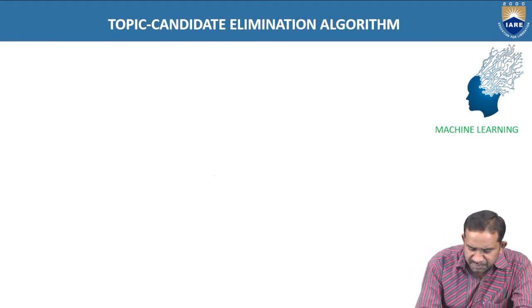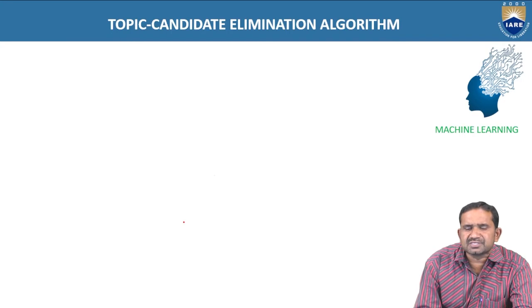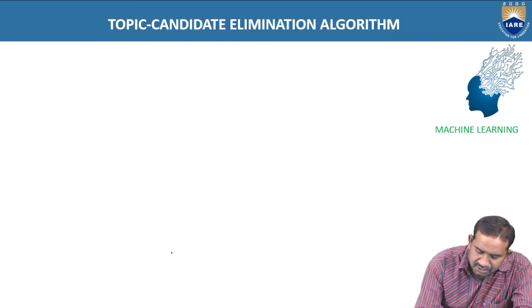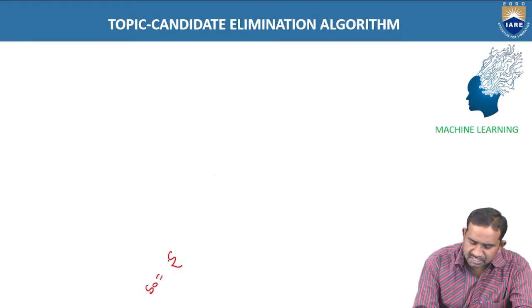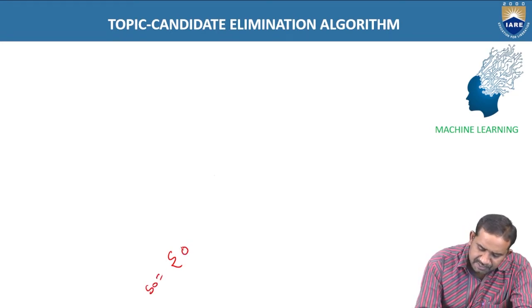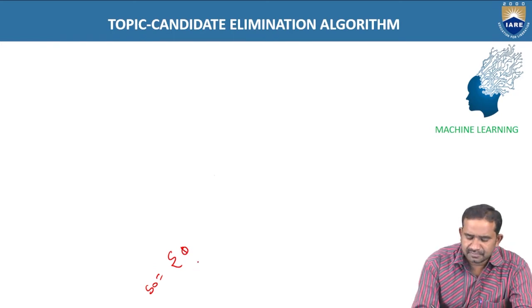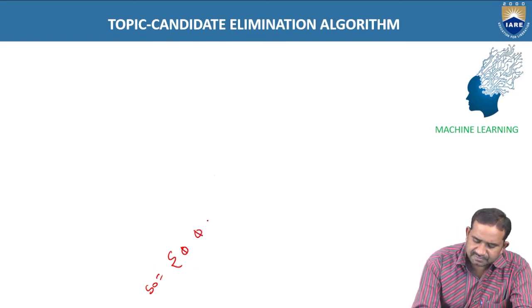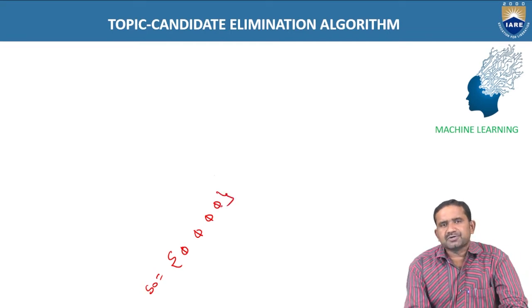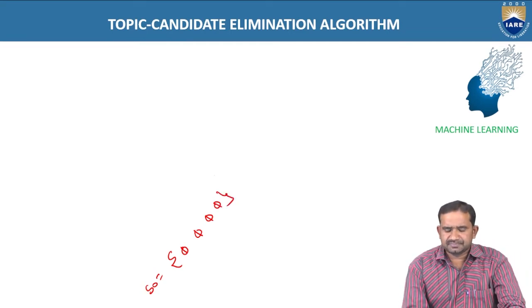Means the version space is located between the candidate algorithms, the specific and general ones. For example, S0 is specific. The specific hypothesis is represented by null values, that is phi, as well as phi, as well as null. Based on our attributes, we can take only 4 attribute values.